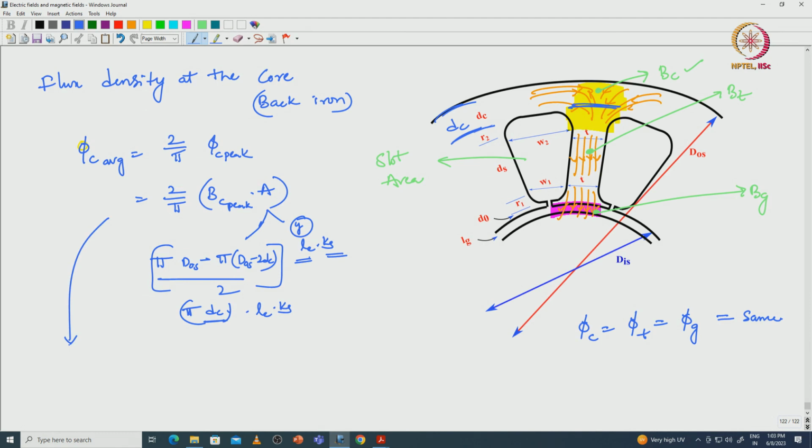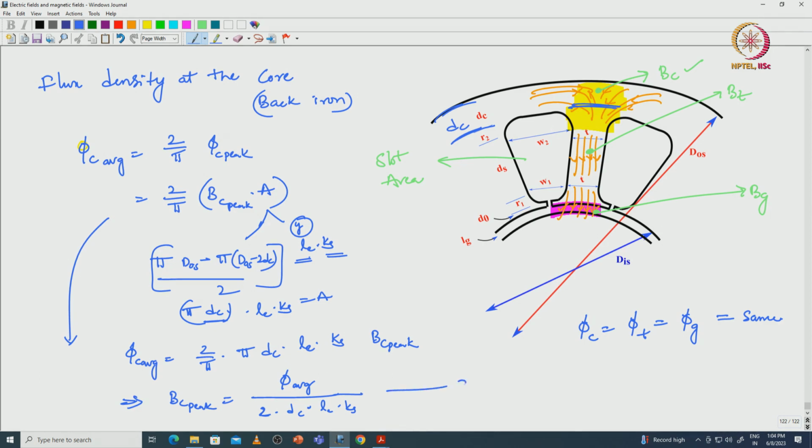Then the final equation for phi c average is 2 by pi into pi dc, the back iron width, length of a stator core and steel stacking factor into Bc peak. That results in Bc peak equals phi average divided by 2 into dc into Le into Ks.